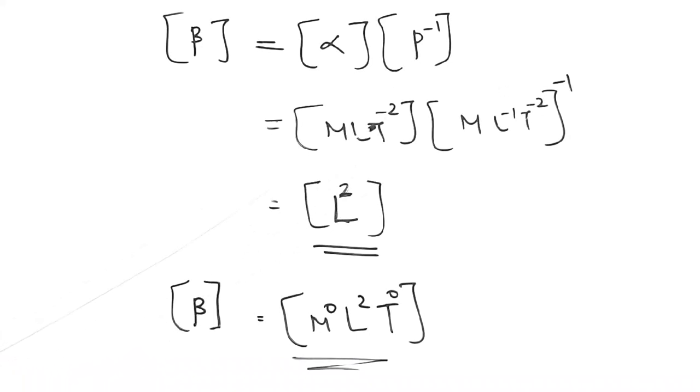So these two terms will cancel. Then we get dimension of beta as L square. Now in terms of mass, length and time, dimension of beta can be written as m raised to 0, L square, t raised to 0. So that is the answer.